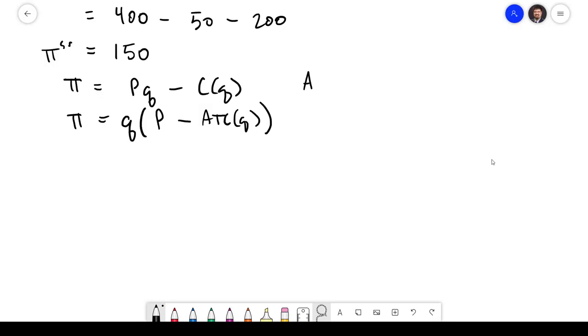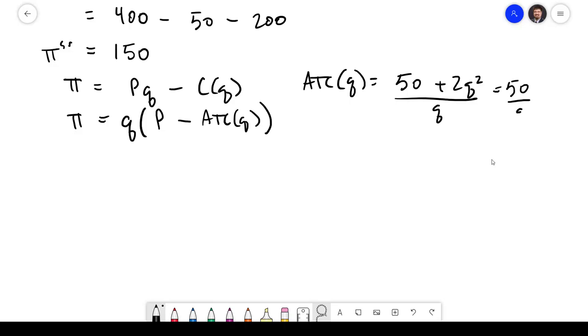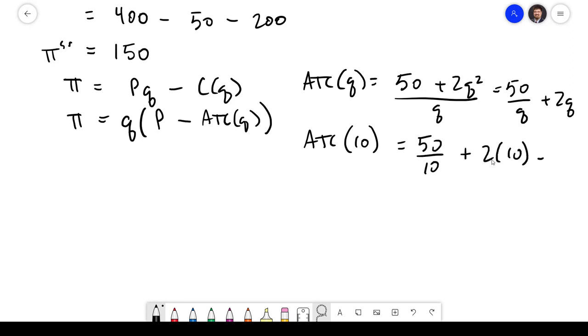In our example, average total cost will be our total cost of 50 plus 2Q squared divided by Q, which will be 50 over Q plus 2Q. If I then plug in our short run equilibrium quantity of 10, we get 50 over 10 plus 2 times 10, which is going to come out to 25.